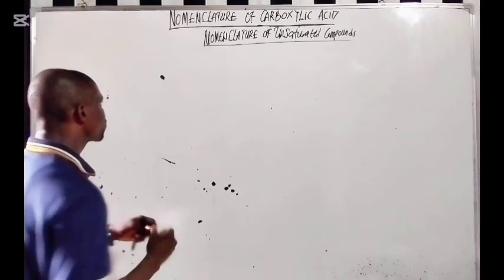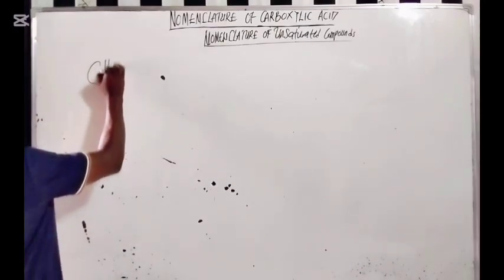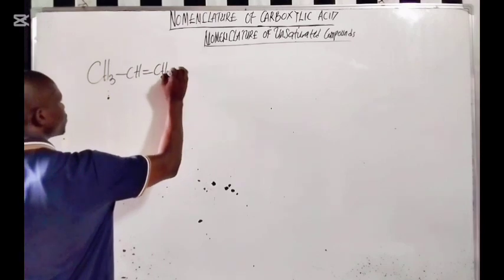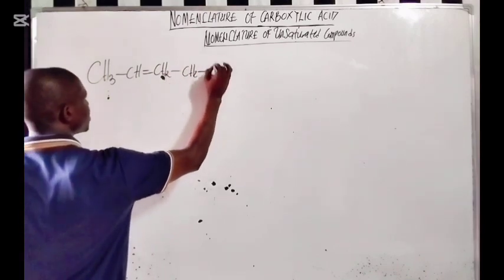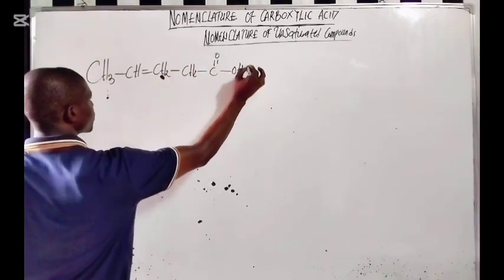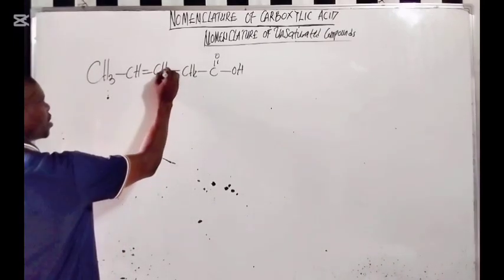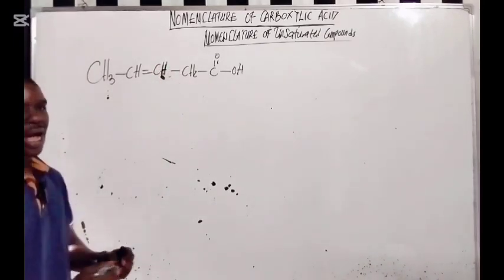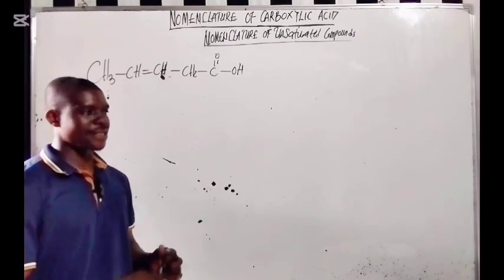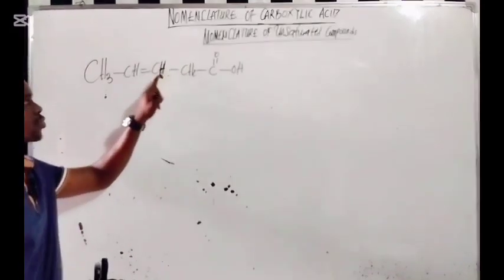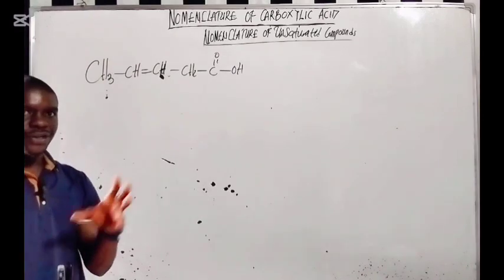For example, here we have this one: CH3, CH double bond, CH2, CH2, C. If for example here we have something like this, it's okay. For example, here we have this compound, right? So remember, how many carbons do you have here? Here we have 1, 2, 3, 4, 5, right?